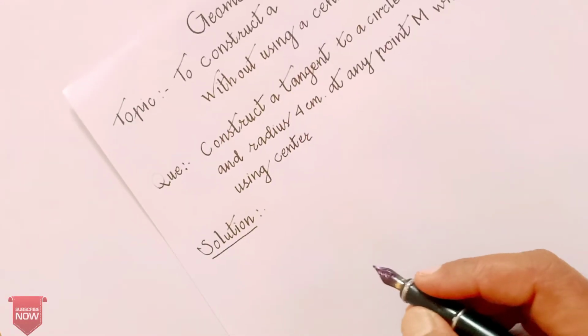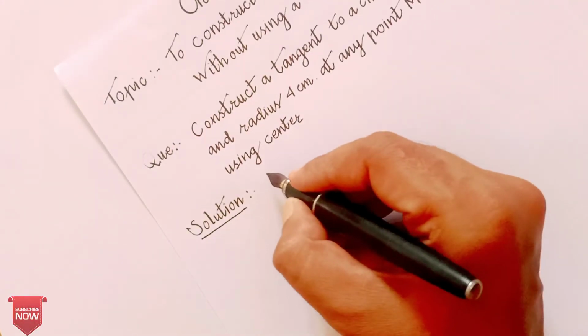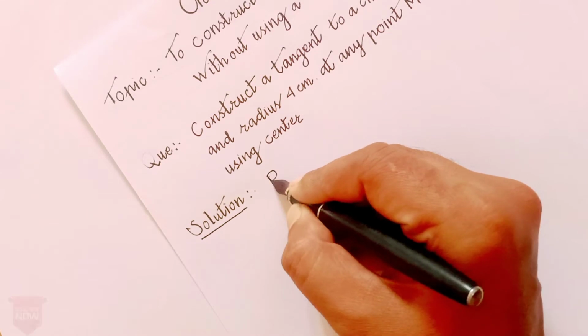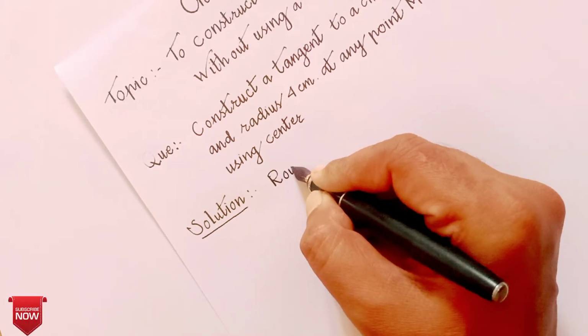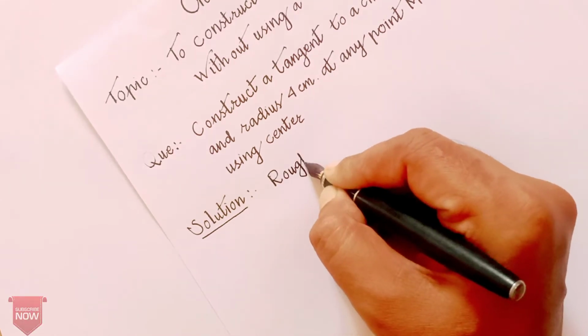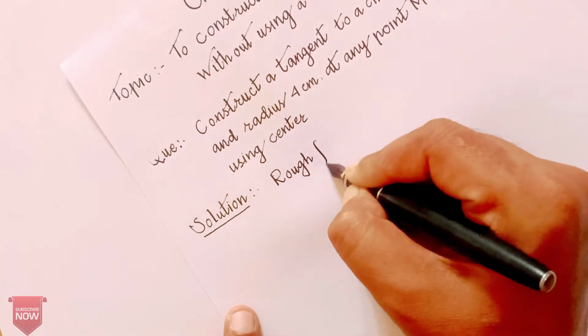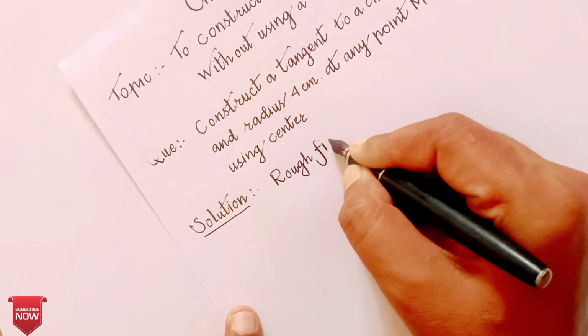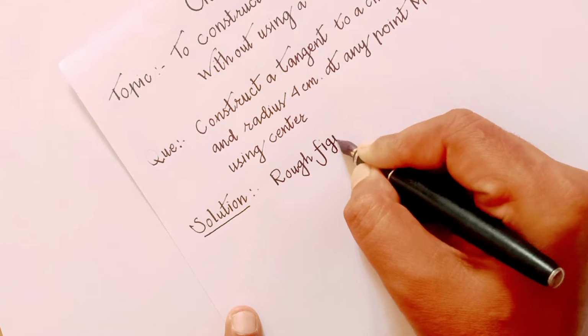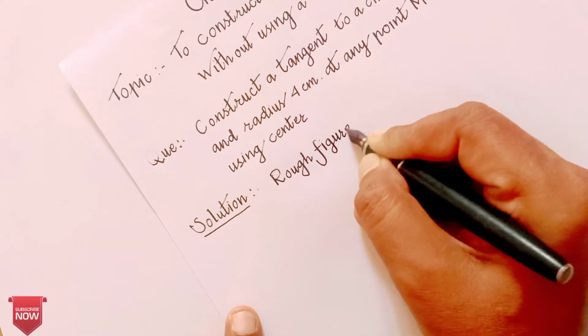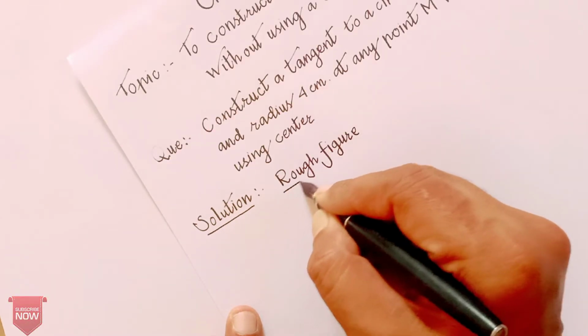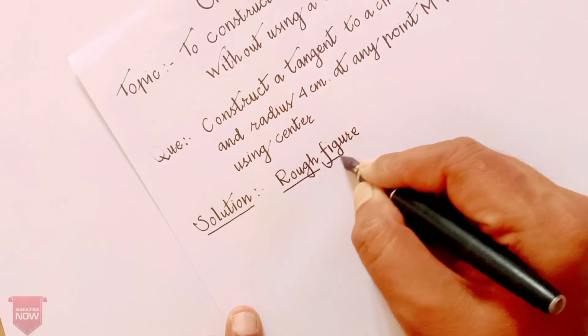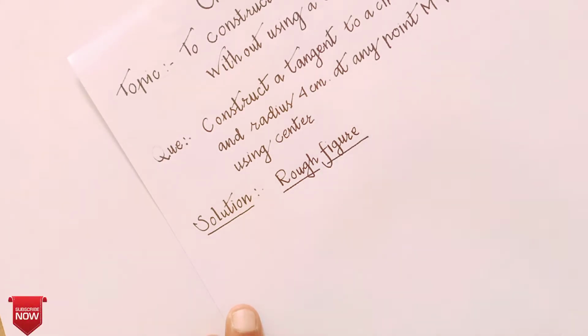So at first we will try to draw a rough figure. From a rough figure we get a complete idea about the constructed figure. So for that a rough figure is very essential.